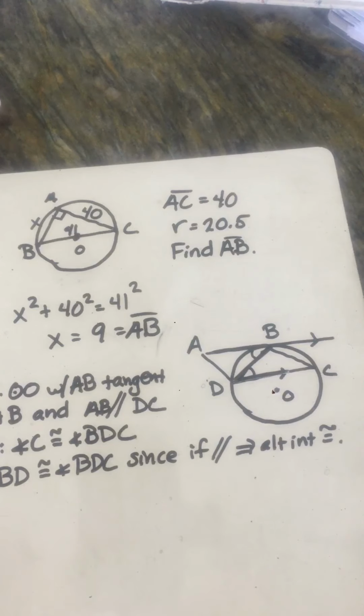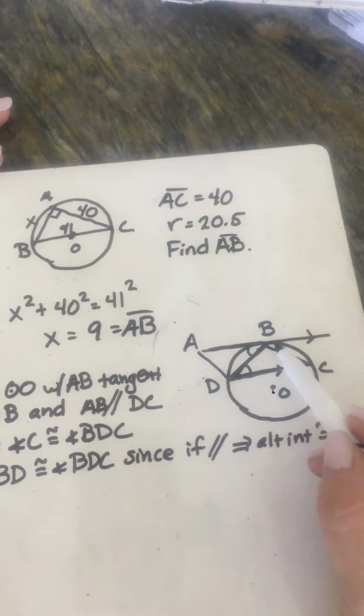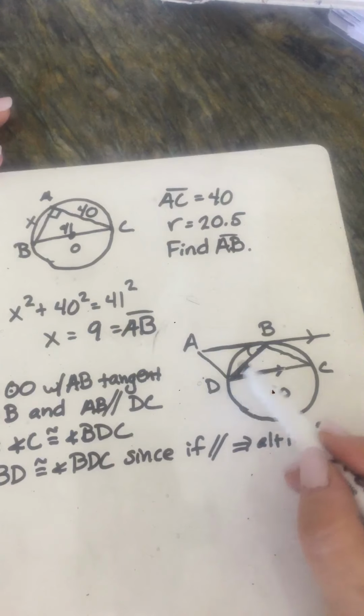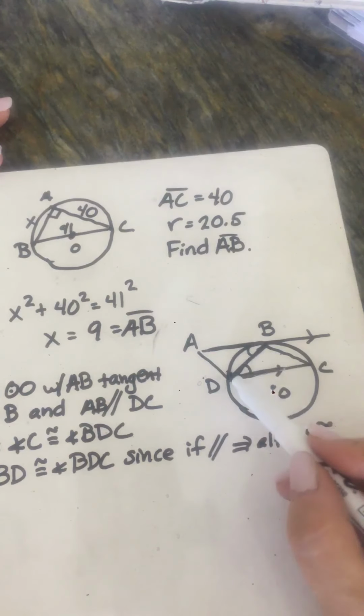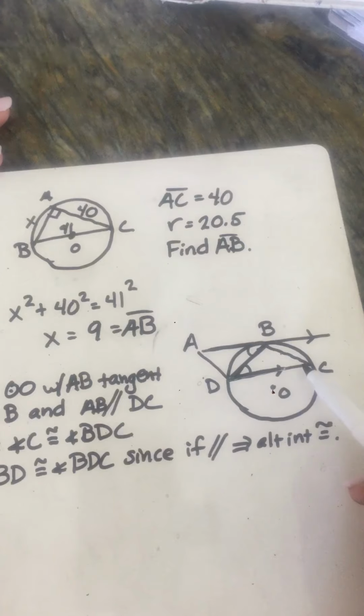All right, now think to this section. Angle C is inscribed and it intercepts arc BD. ABD is a tangent chord angle and it intercepts arc BD. So what do we know about angle ABD and angle C? They have to be congruent since they are intercepting the same arc.